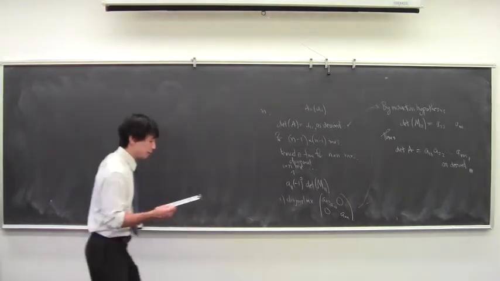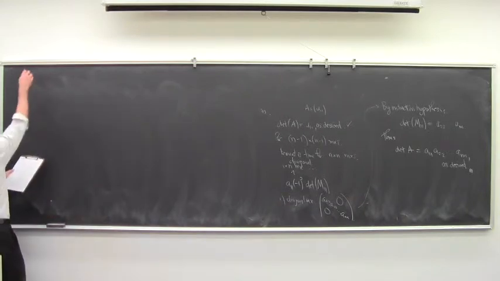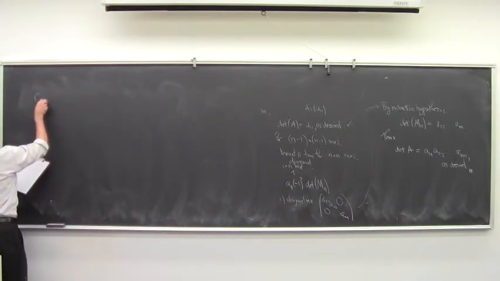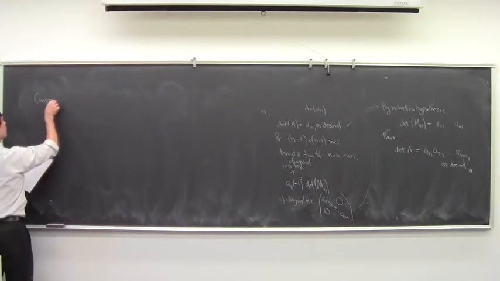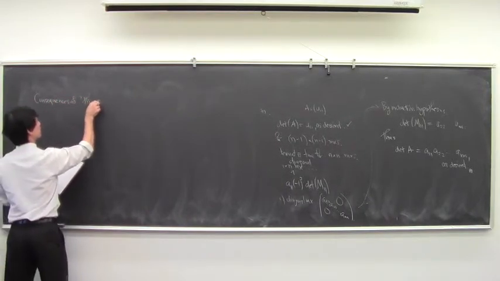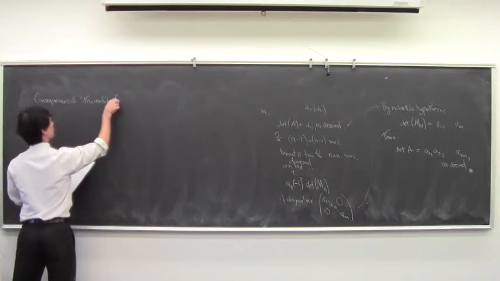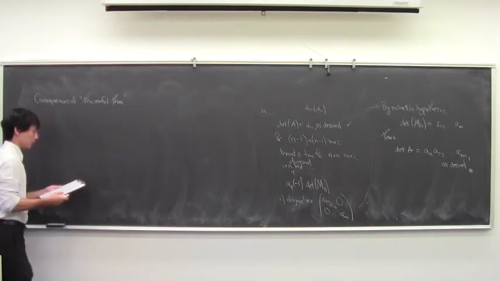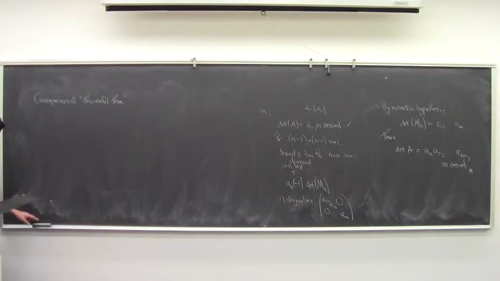Okay, so consequences of the useful theorem. The useful theorem can be used to imply some properties of the determinant.